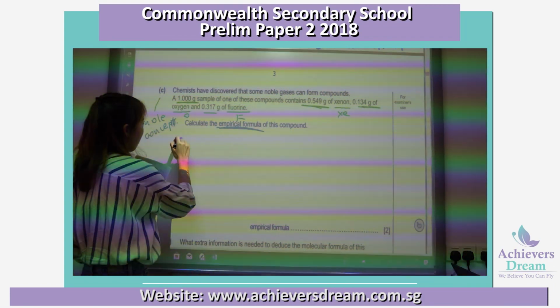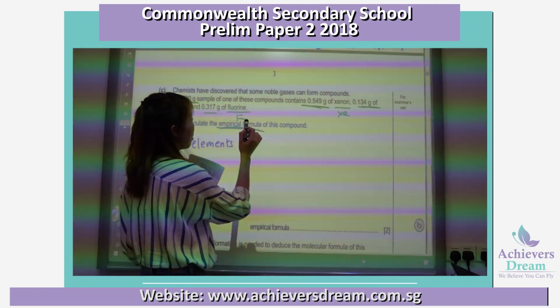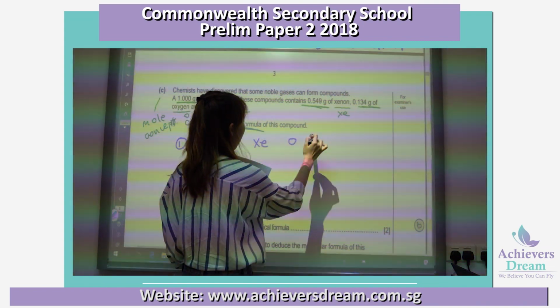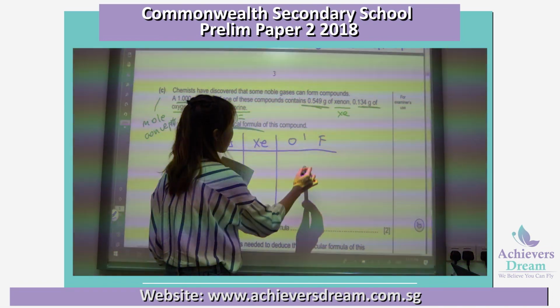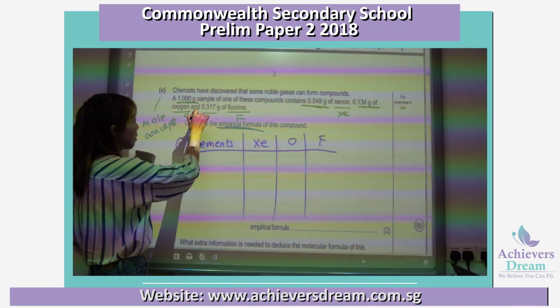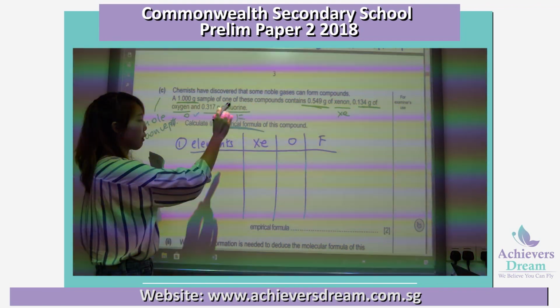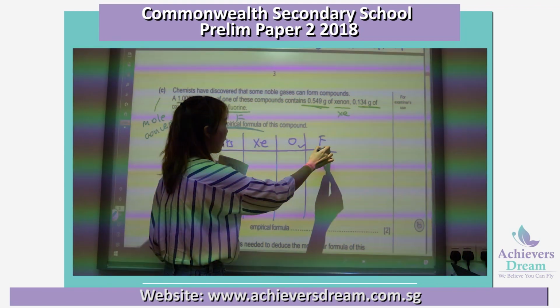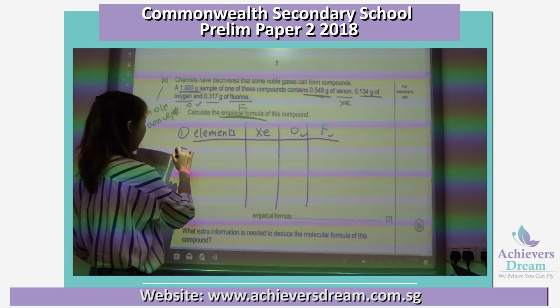First step, I list down what are the elements present in the compound. So in this case, there's xenon, oxygen, and fluorine. Take note that when it comes to oxygen and fluorine, we are talking about the elements, not the molecules. So we don't use O2 or F2, we use the elements O and F. Secondly, I write down the mass.